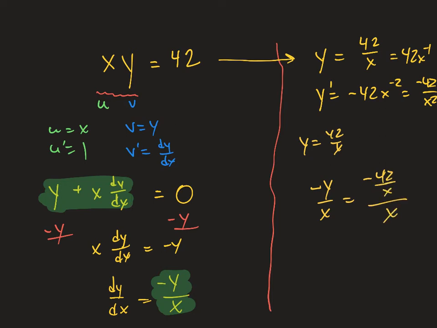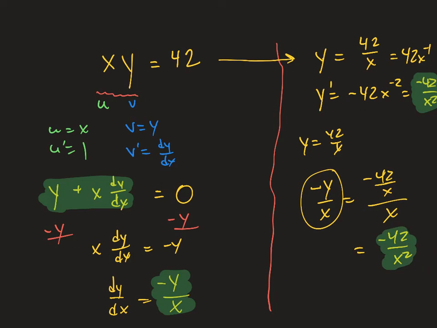And remember, this is a complex fraction, and that does equal negative 42 over x squared. So this negative y over x is the same as our derivative that we found explicitly, which is negative 42 over x squared. We're going to get the same answer for the slope at each point, whether we do negative y over x or if we do negative 42 over x squared. You're going to get the same slope value.